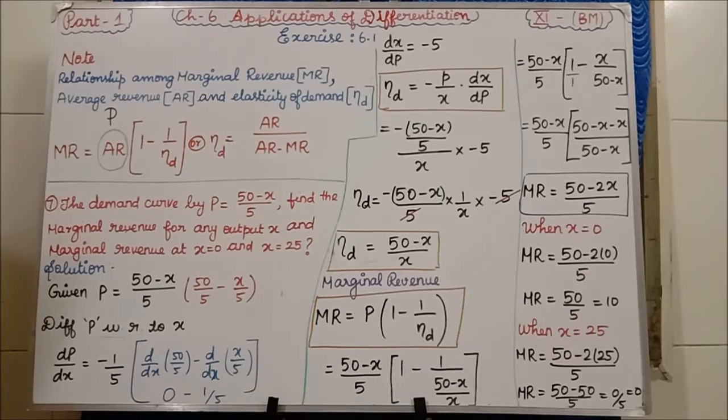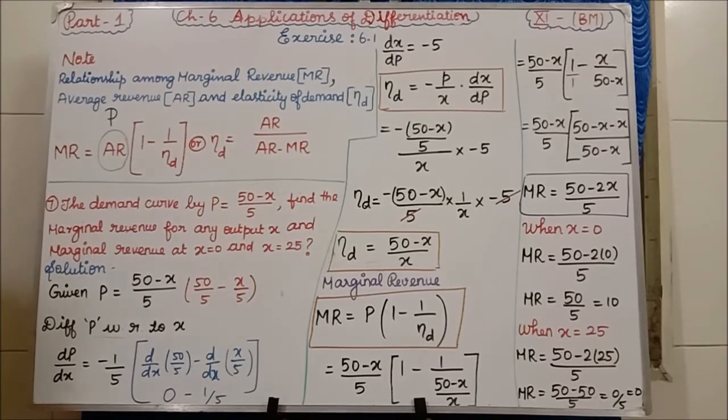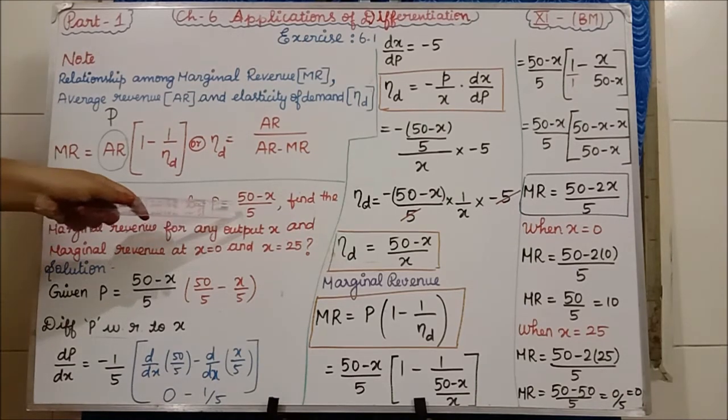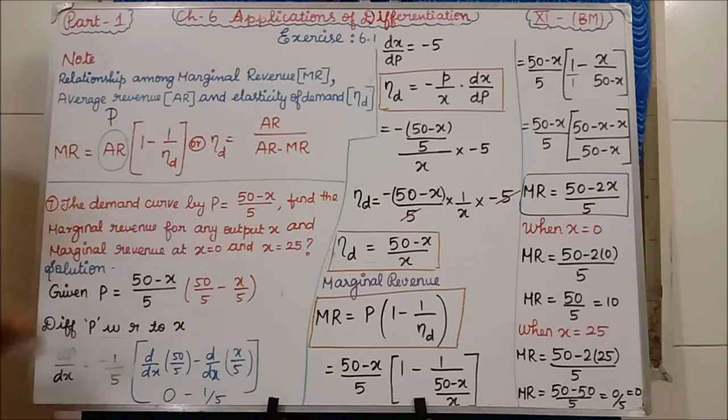Now we will see the seventh question. See, I have written it very short. I will read the question fully. The demand curve of a commodity. Okay, the demand curve. Where we have demand, we will have elasticity of demand. The demand curve of a commodity is given by price P equal to 50 minus x divided by 5.